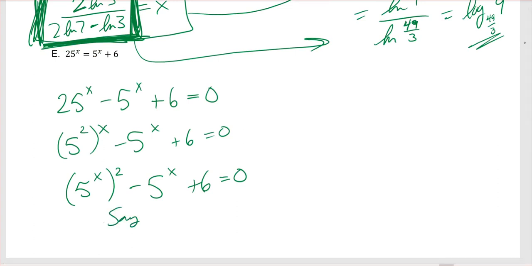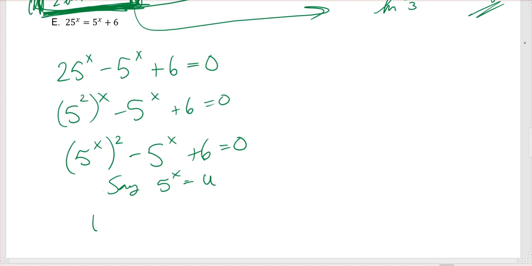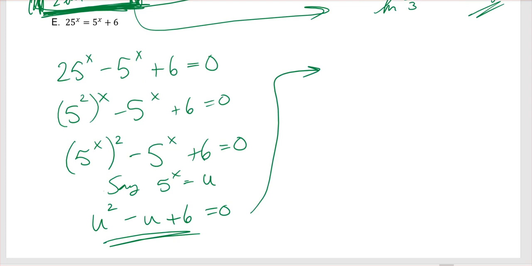If we say that 5 to the x is some other variable, say we don't want to use a Greek letter, let's say u, then what this looks like is u squared minus u plus 6 equals 0. And that is a quadratic equation that we can solve pretty quickly. We're going to solve that probably by factoring if we can. So we want 2 factors of 6 that add to be negative 1.